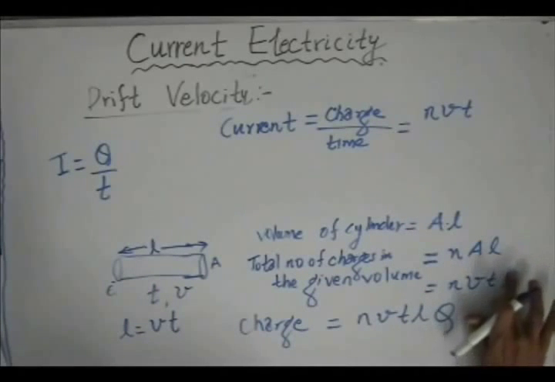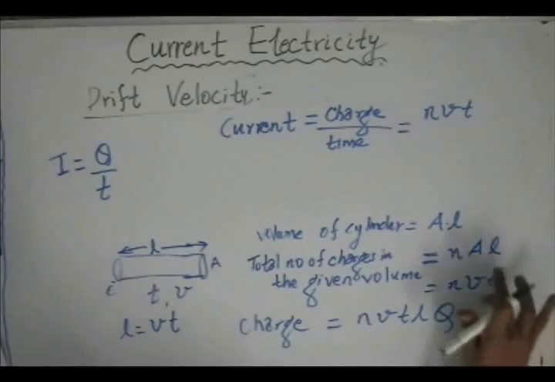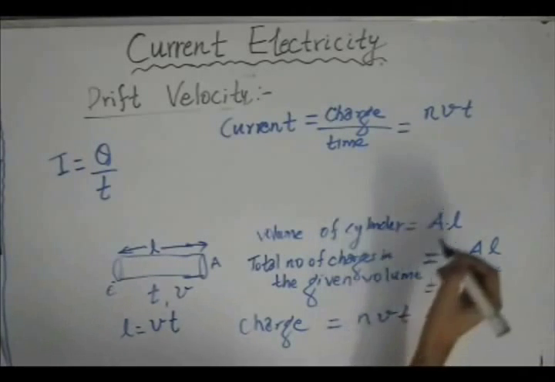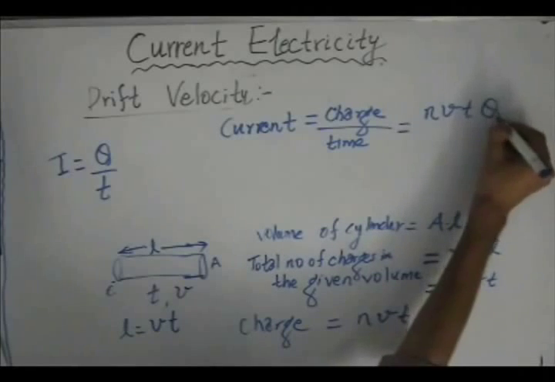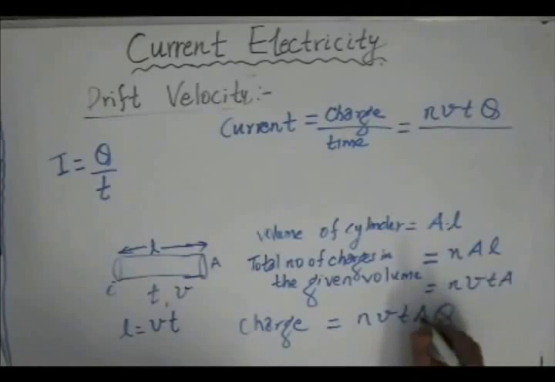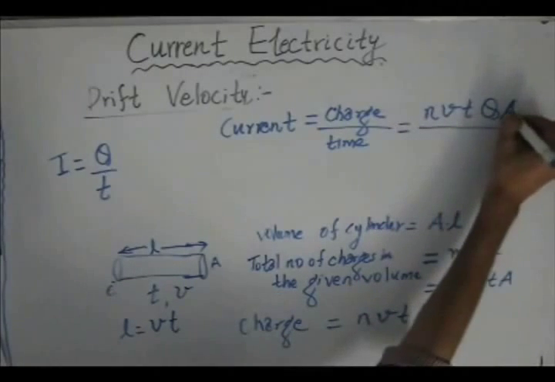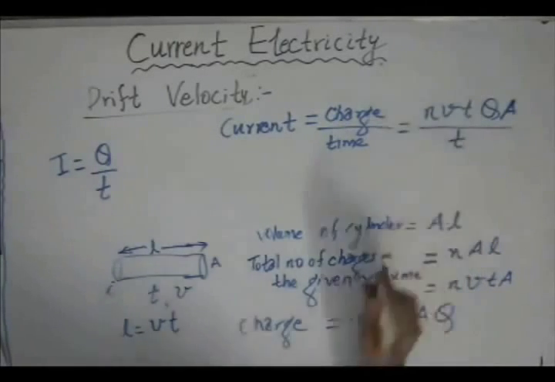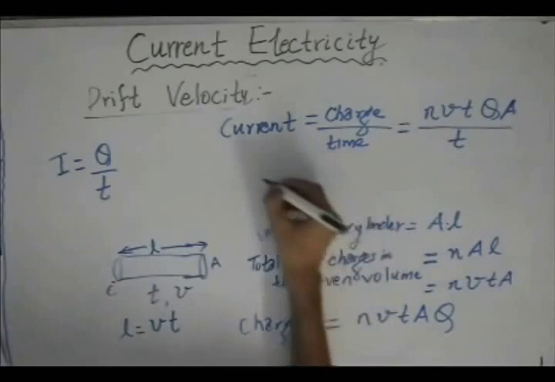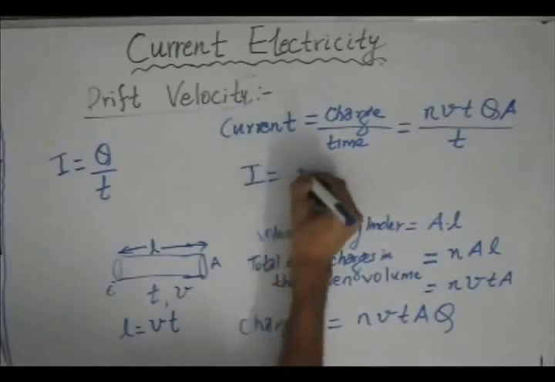Actually here we have substituted in place of L, so there should be no L term. Sorry, so this would be nAvt into q, divided by the time it takes for the charge to move across the conductor. So we get that the current I is nAvq.